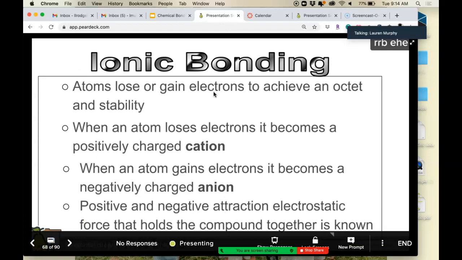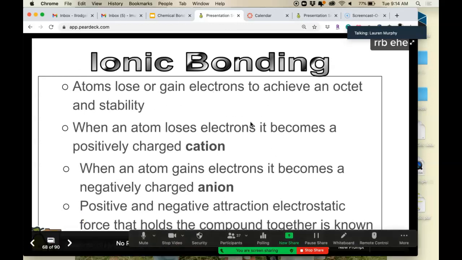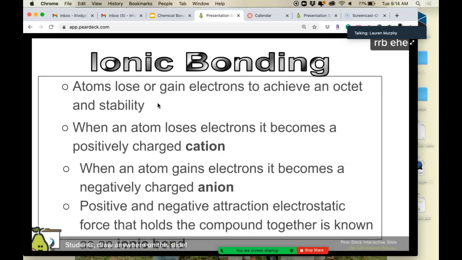Now, ionic bonding is something we briefly talked about at the very beginning of this chapter. Ionic bonding happens when one atom loses an electron. And when things lose electrons, they become positively charged. They're called cations. That's because the other thing actually takes the electron. So in covalent bonding, when we have polar bonds, they're sharing electrons, but sometimes not evenly, but neither one of them is strong enough to completely rip the electron off of the other atom, which is why they're forced to share.